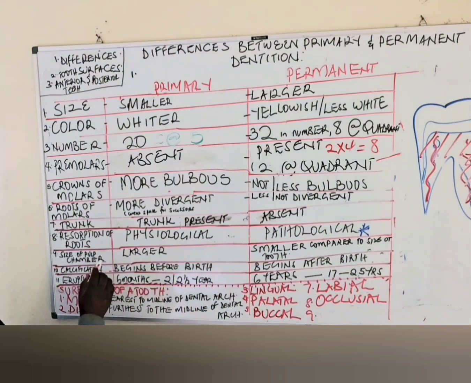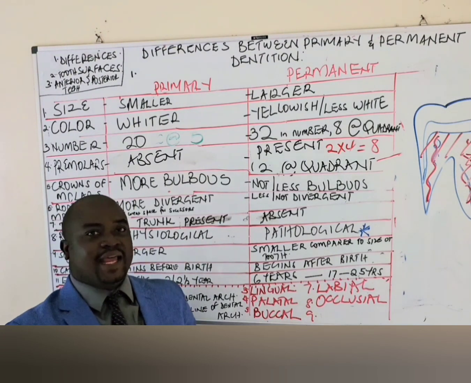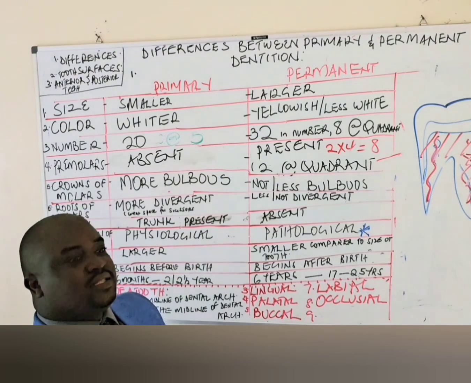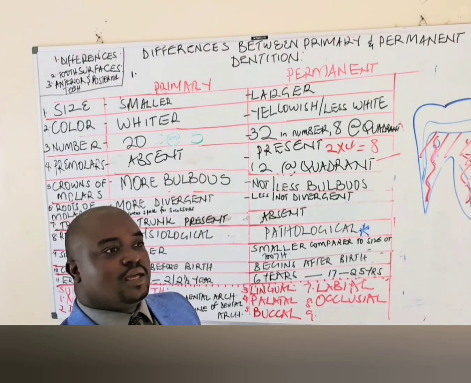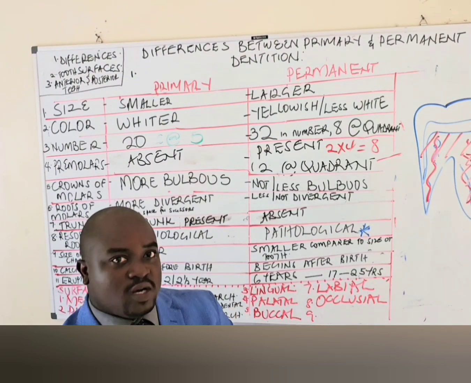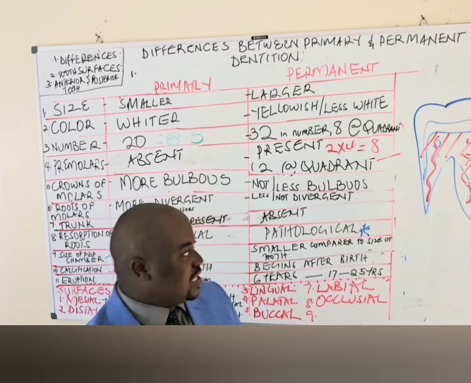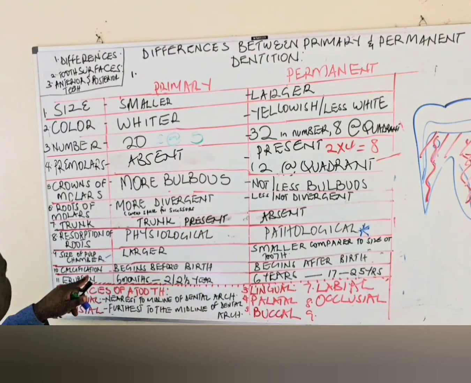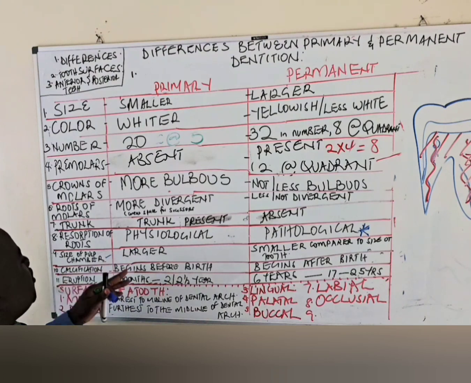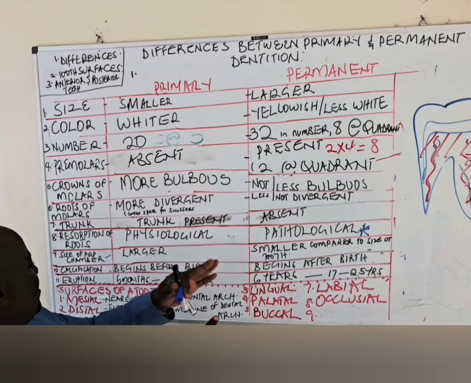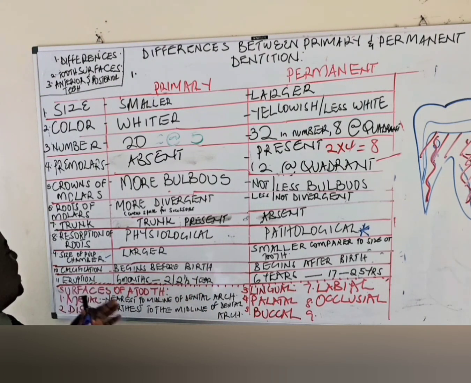That is another difference. We have what we call calcification. Calcification is hardening. What hardens the teeth? There are minerals in the body. So the addition of minerals, maybe calcium or others, to a tooth makes it hard.